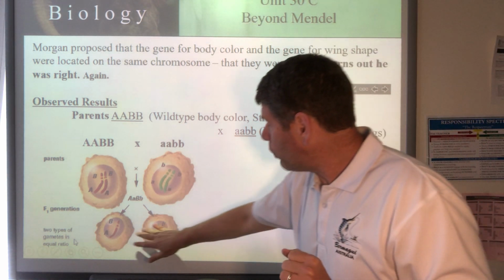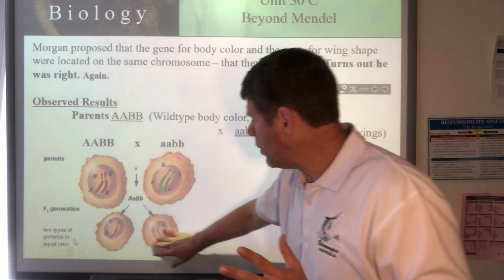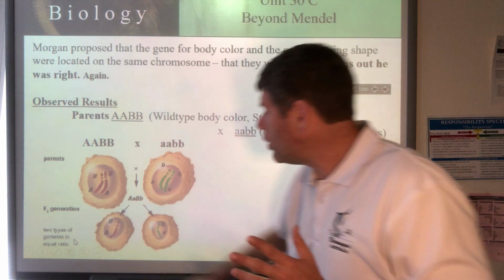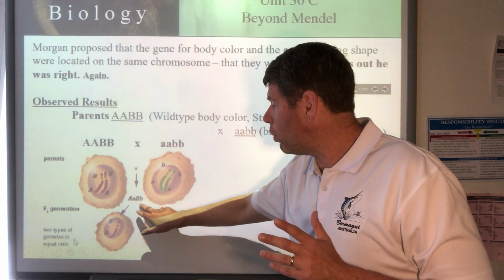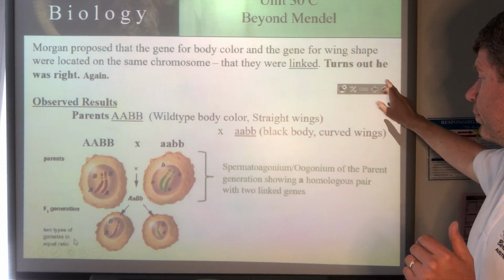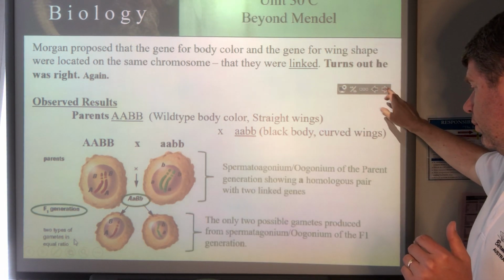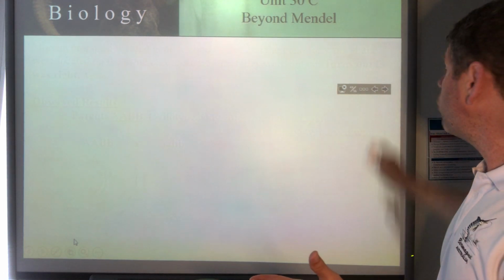And we find that in pretty much equal ratio, right, when we get our gametes. So those are the only possibilities of the gametes. And of course, that created our first F1 generation just fine. That would be pretty typical. So only two possible gametes is what we see for the F1.